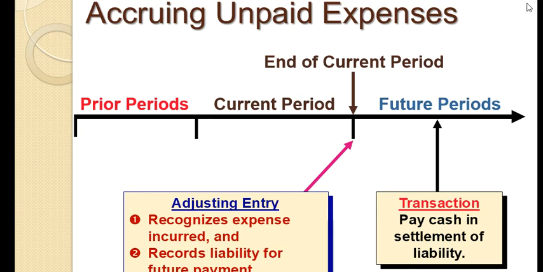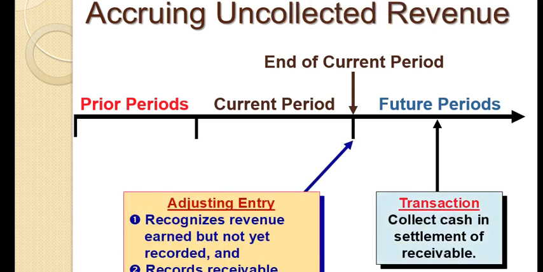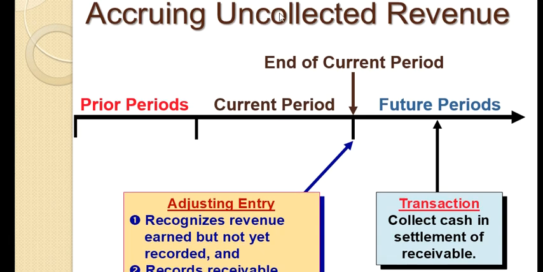Another example, the last one, is related to collection, I mean to say you are accruing uncollected revenue. This is when you provide services to your client but your client does not pay you. You record the receivable, the account receivable, which is called the uncollected revenue.